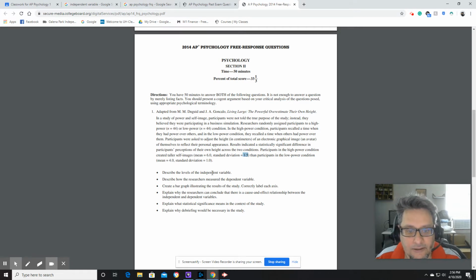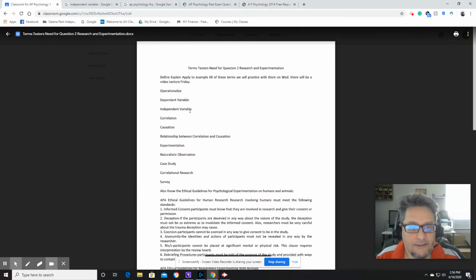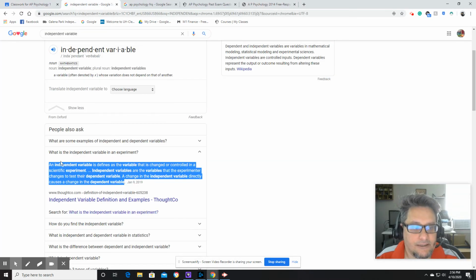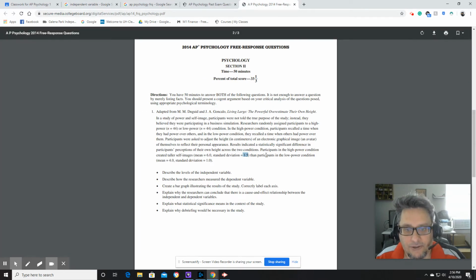All right. So back to our sheet that we started with, right? Describe the levels of the independent variable. Independent variable. So the variable that is changed or controlled in a scientific experiment. What is changed and controlled? That is not the avatar.